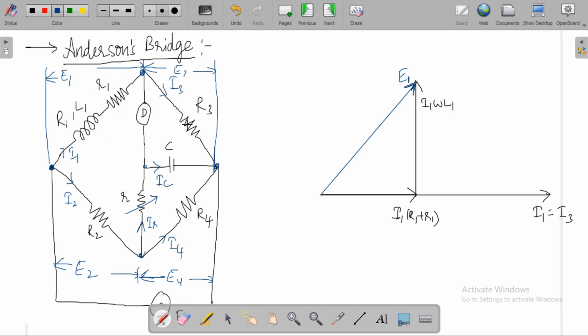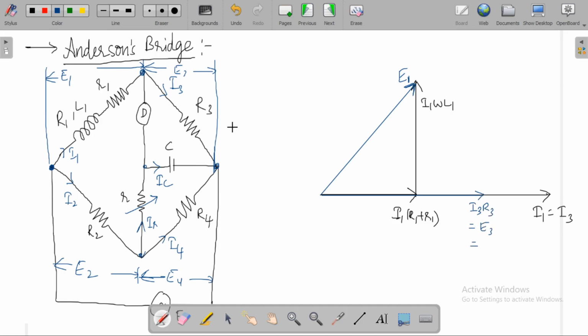Now coming to this, how can you draw the voltage across this R3? Voltage across R3 is in phase with I3, right? So this will be the voltage across R3, that is I3 R3, which is equal to E3.